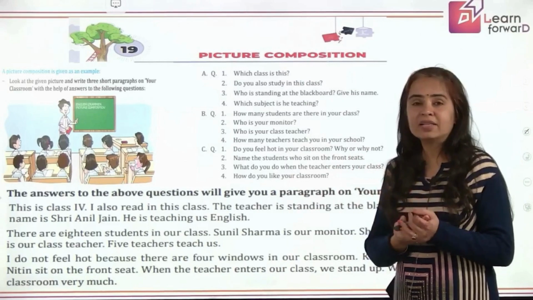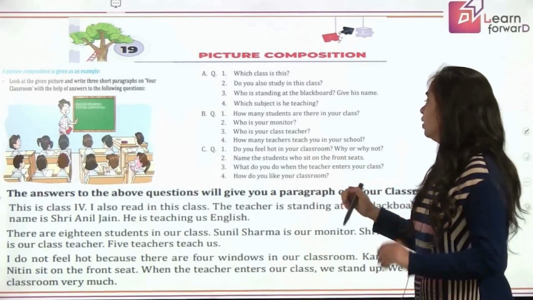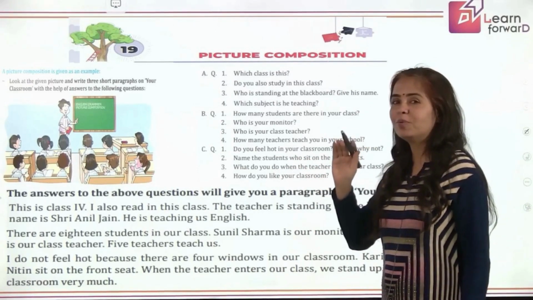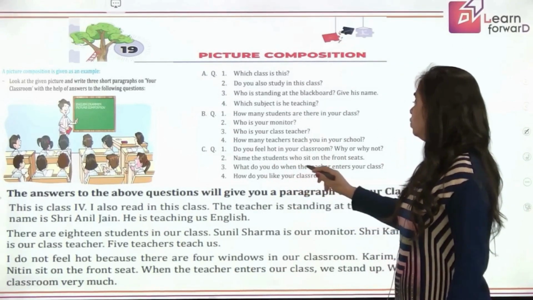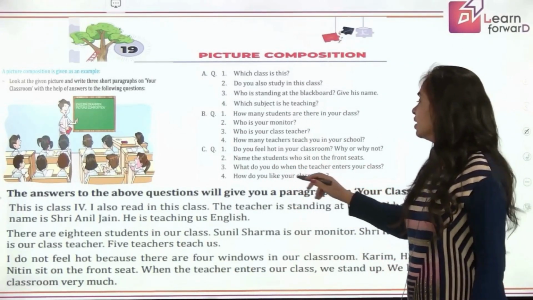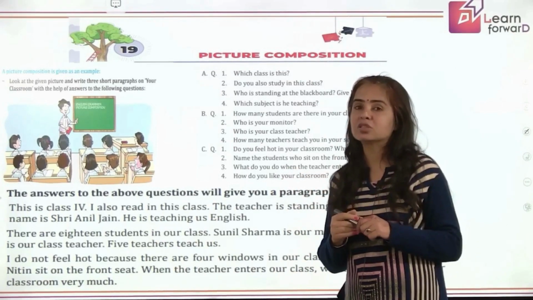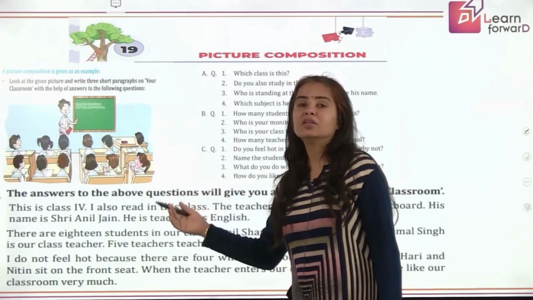About the fans, the ACs, the windows for cross ventilation and all. Name the students who sit on the front seat. That also composes the class, right? What do you do when the teacher enters your class? And how do you like your classroom? You can even write how you keep your classroom before you write how you like it. So let's try answering them.